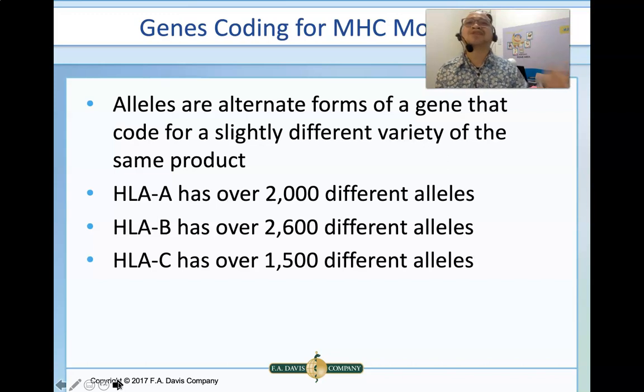But even if it's your sister or your own brother or even your mother or father, your genetic makeup is entirely different. That's the reason why most kidney transplant recipients need to take immunosuppressive drugs so that they will not reject kidneys coming from other people, but it will make them immunocompromised.